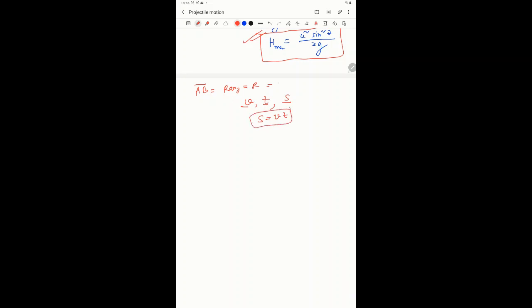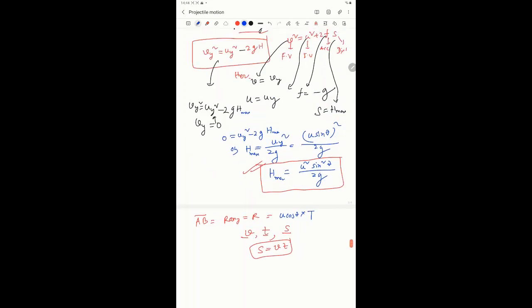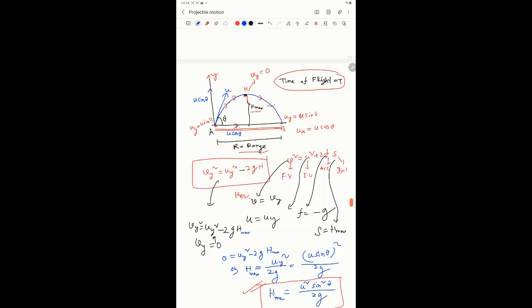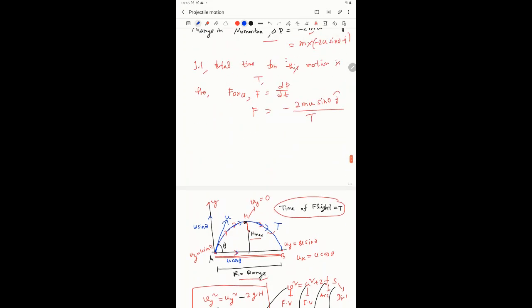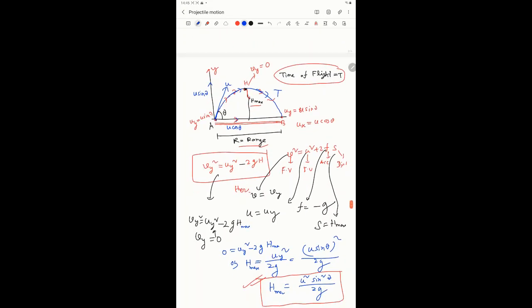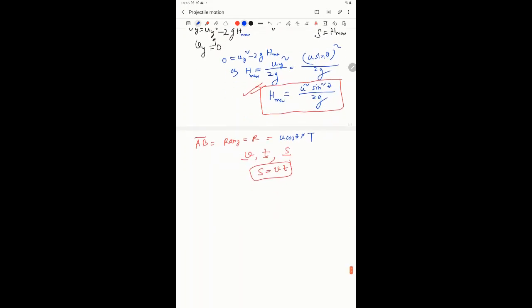So we can write that range equals the constant velocity along the x-axis, u cos theta, into t, where t is the time of flight, the total time when the particle is traversing along this path. If the total traversing time is t, then the particle takes t time to go from A to B, meaning the time of the projectile motion and the AB distance traversing time will be the same.